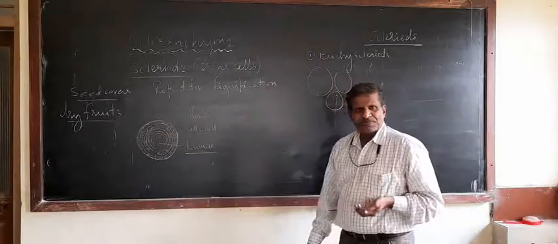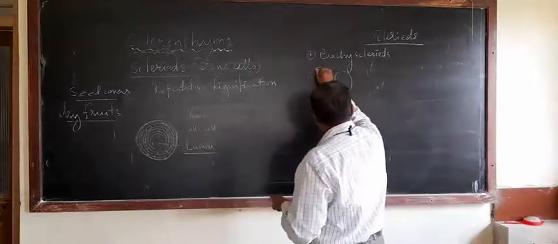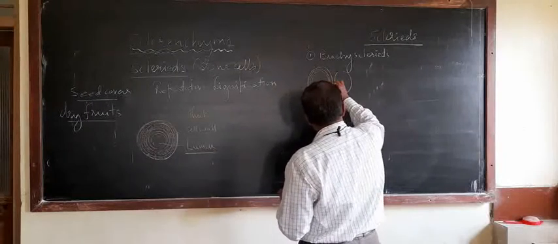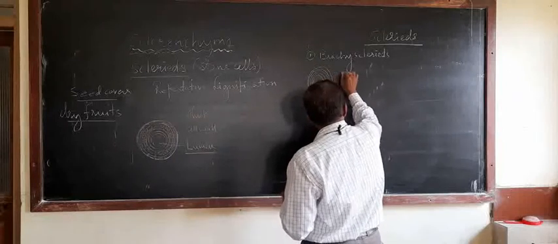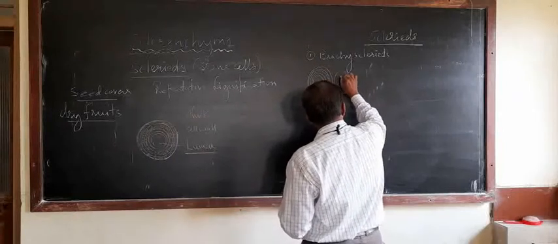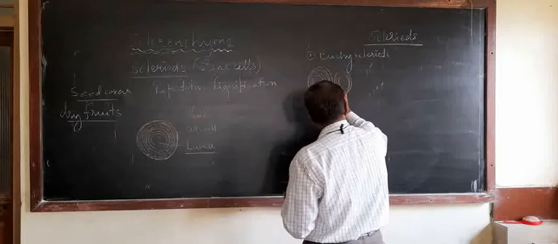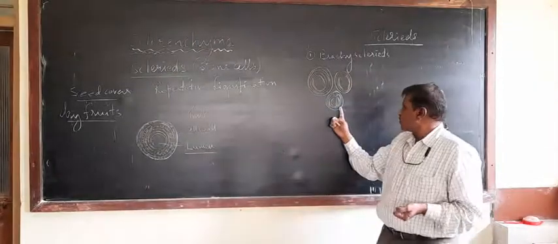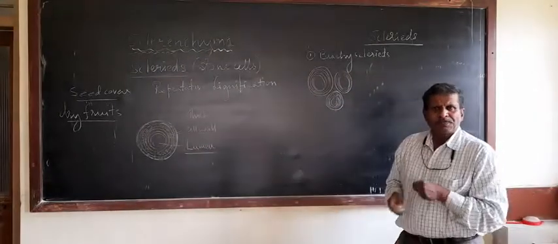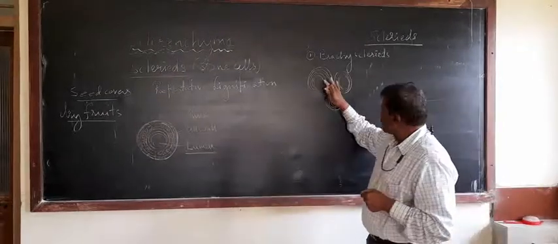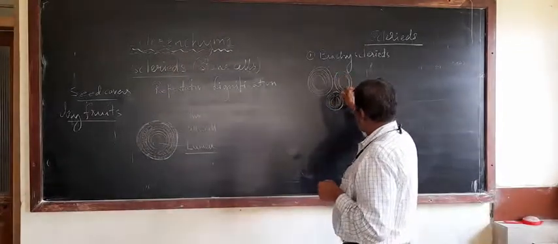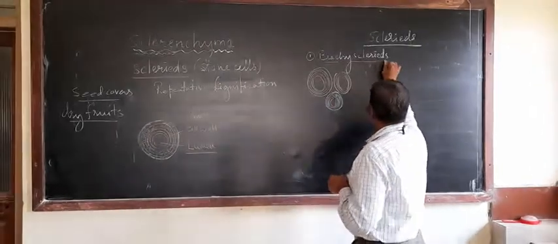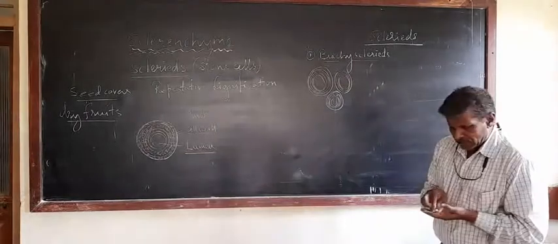In these sclereids, one can observe the lignin deposition in the form of continuous layers. Here, concentric layers of the lignin deposition can be observed. Concentric layers means the layers which are formed one over the other. One could see the sclereids of this type, which are nearly spherical. We consider them as brachysclereids.